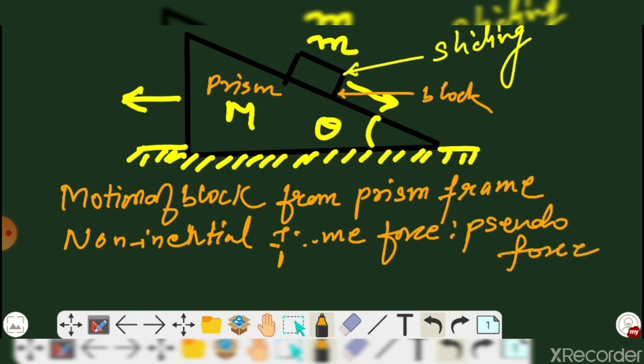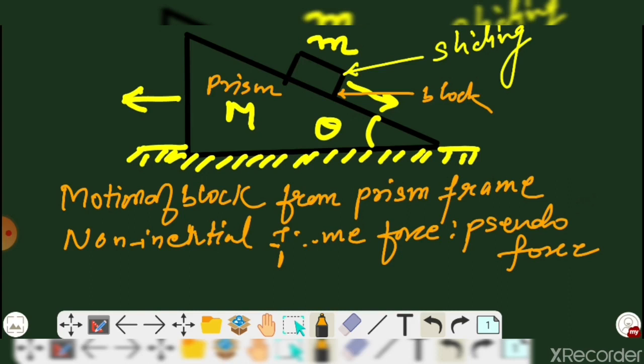Whenever you are considering non-inertial frames, you have to consider the pseudo force, and pseudo forces are just fictitious forces which act on all the masses. Pseudo force comes into effect when the frame of reference starts accelerating compared to a non-accelerating frame.